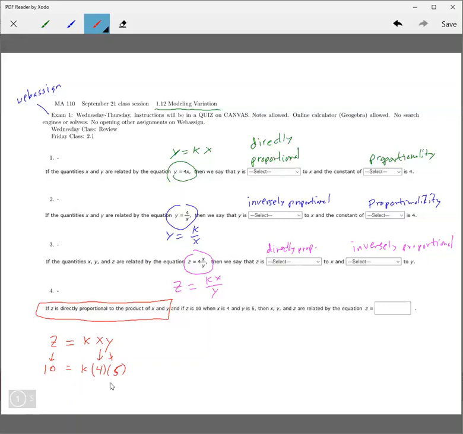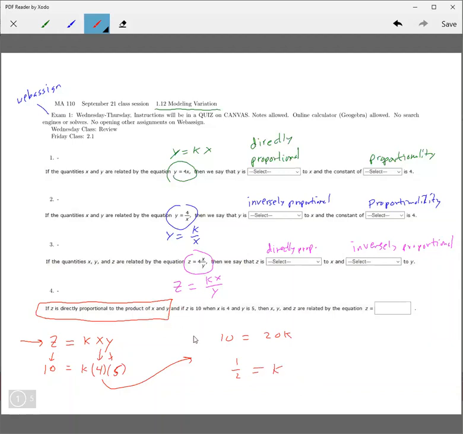Generally, the first step is realizing that there is an equation where these are related. The next step is putting some values in. The next step would be finding k. So we have 10 is equal to 20k, because 4 times 5 is 20, and then you divide both sides by 20, and you get k as 1/2.